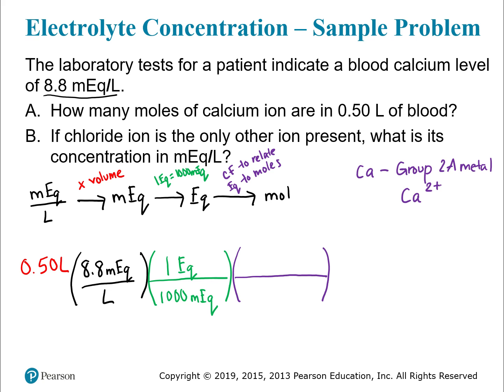One equivalent means 1 mole of charge. If I have 1 mole of calcium ions, that's actually equal to 2 equivalents. The charge tells you how many equivalents 1 mole is equal to.